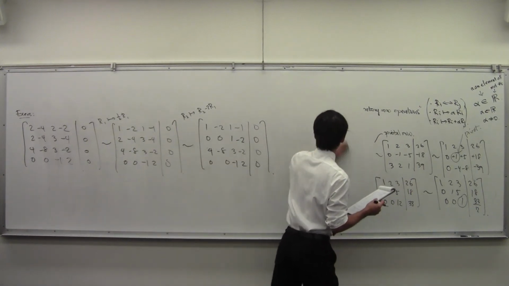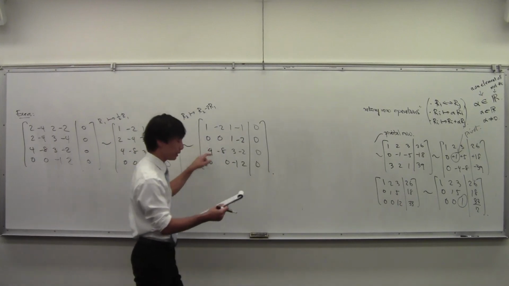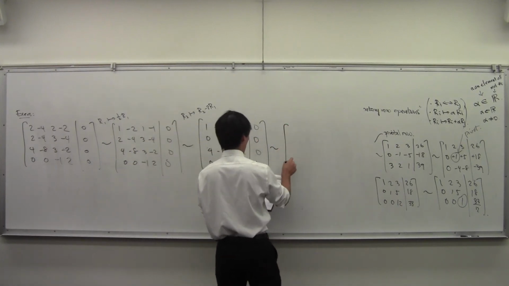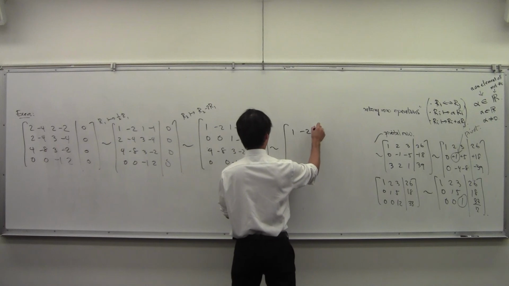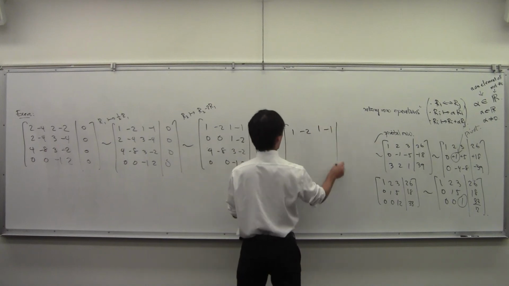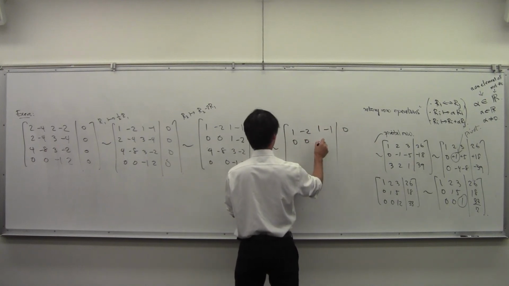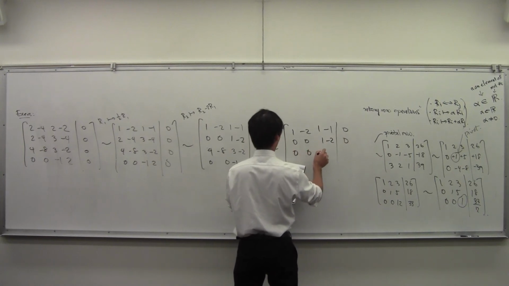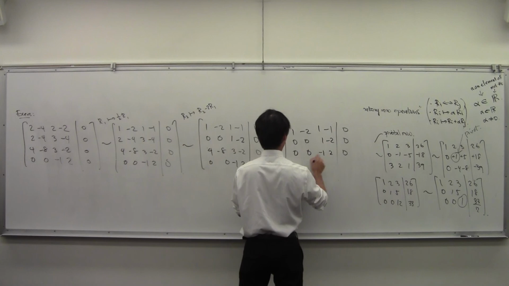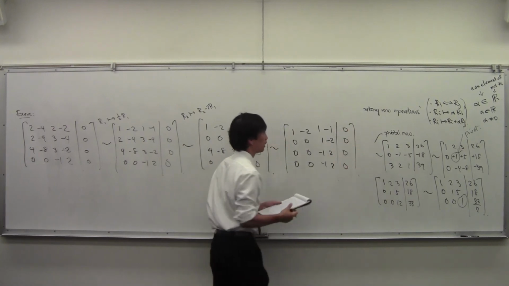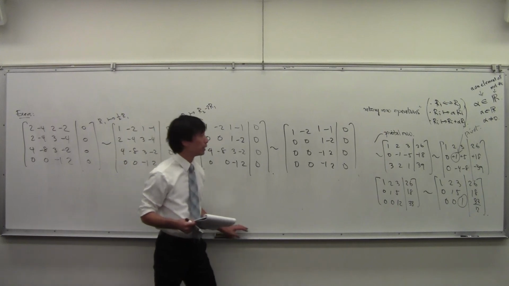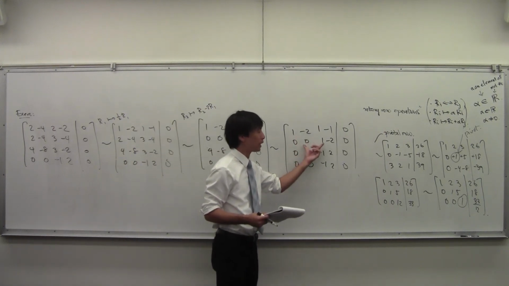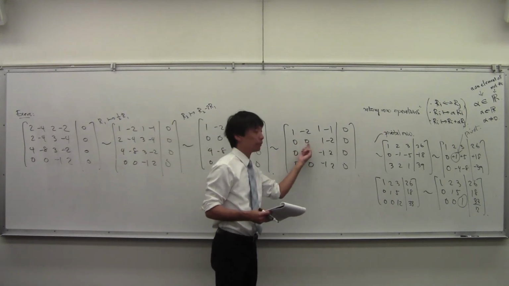You use the pivot to clear out this thing, and you find that you end up with 1, -2, 1, -1, 0, 0, 0, 1, -2, 0, 0, 0, -1, 2, 0, 0, 0, -1, 2, 0. Then in my second row, I can't get a pivot here.